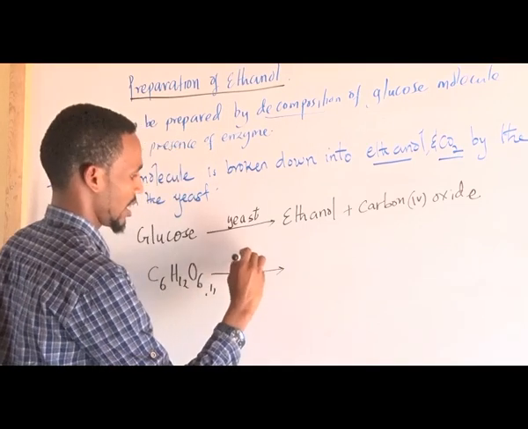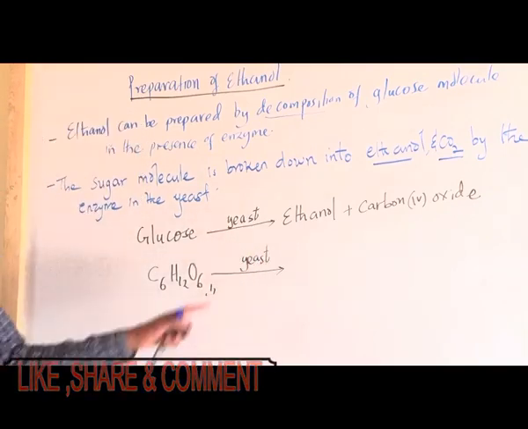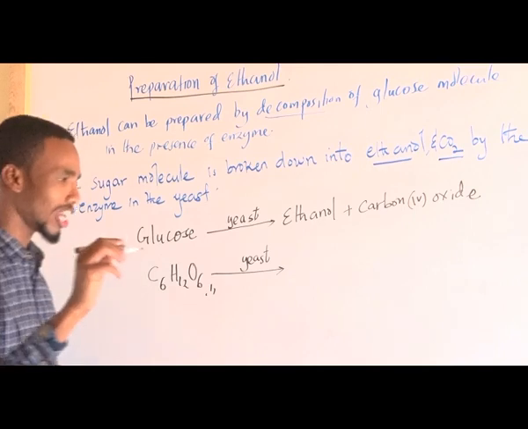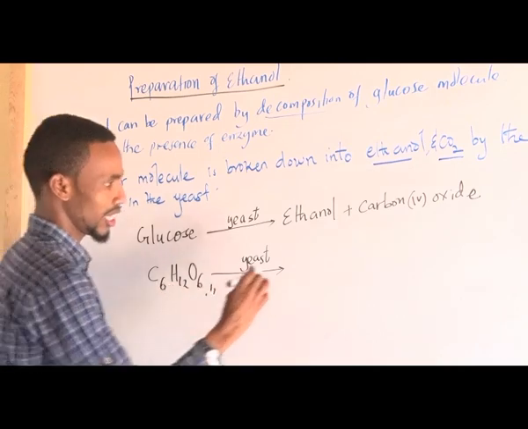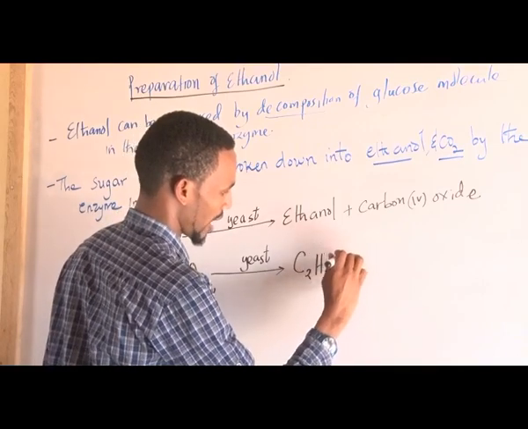Then when we add yeast, the yeast has an enzyme. That enzyme is called zymase enzyme. The zymase enzyme found in the yeast, after adding to the glucose or sugar molecule, will break down this sugar molecule into ethanol, which is C2H5OH.